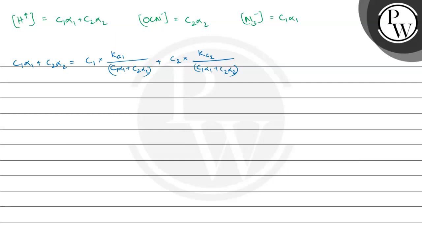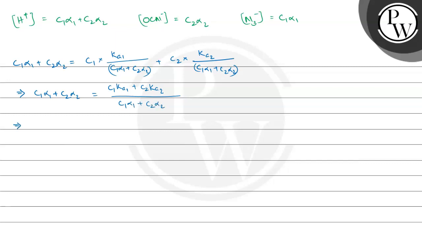Alright, so C1 alpha 1 plus C2 alpha 2 is equal to C1 Ka1 plus C2 Ka2 divided by C1 alpha 1 plus C2 alpha 2.